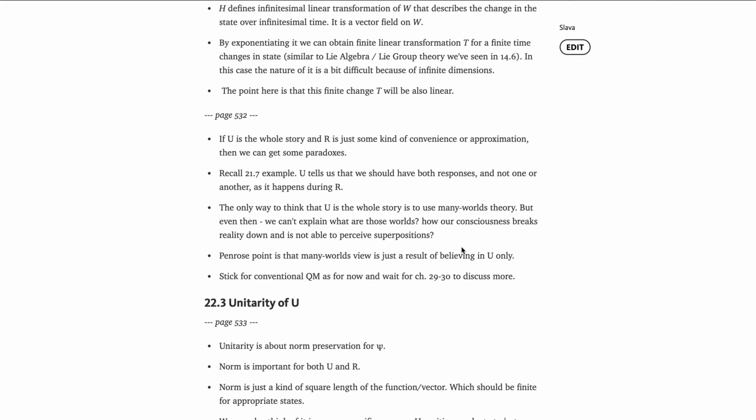For example, we can recall example 21.7 from the previous chapter, in which we had two researchers, and one photon split into two wave functions, wave packets traveling over space, and we had two detectors for the two researchers.